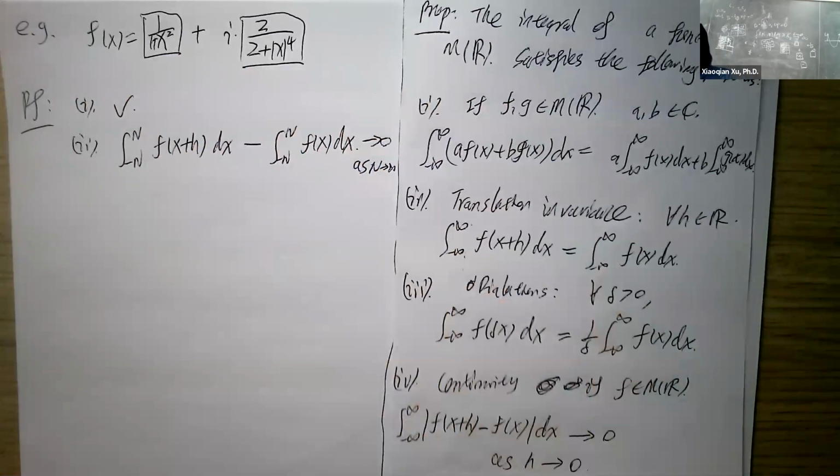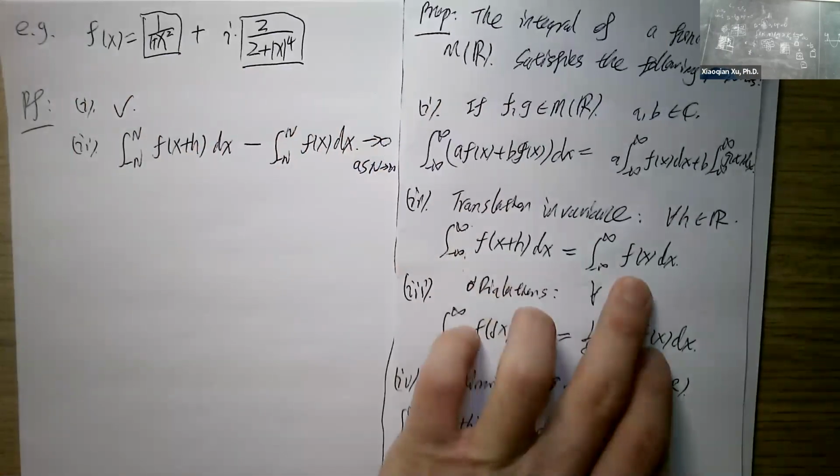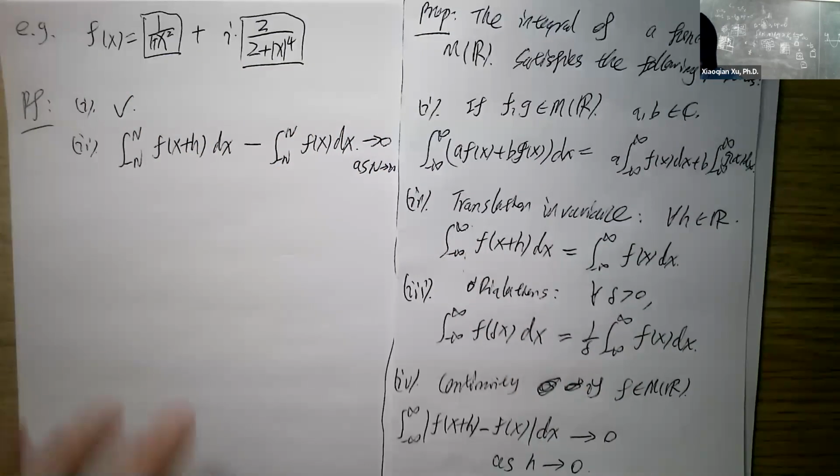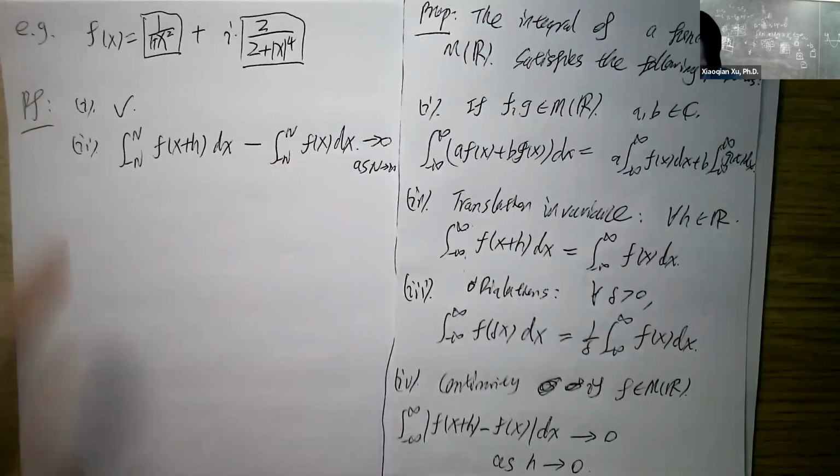That simply means f(x plus h) minus f(x), if you take the integral from minus infinity to infinity, should equal 0. Then by our definition, it's the same as taking this difference, taking the partial integral, and then taking the limit as n goes to infinity, you should get 0. This is what we want to show. Okay? That clear?